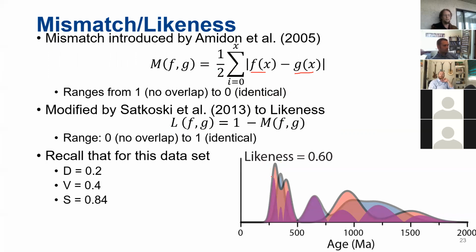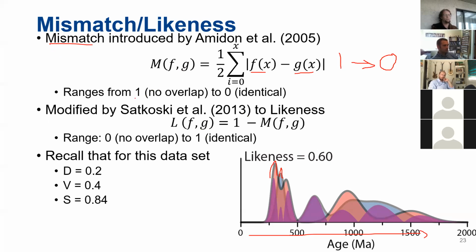Down here you can see f and g, the purple is the difference between them, and we sum over this distance.